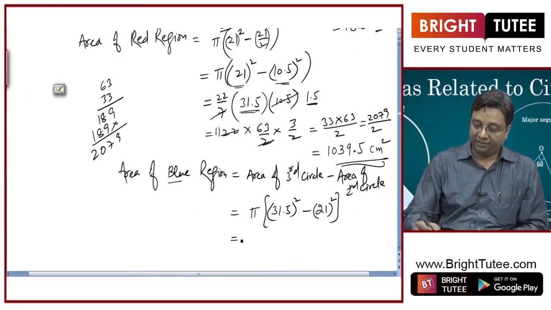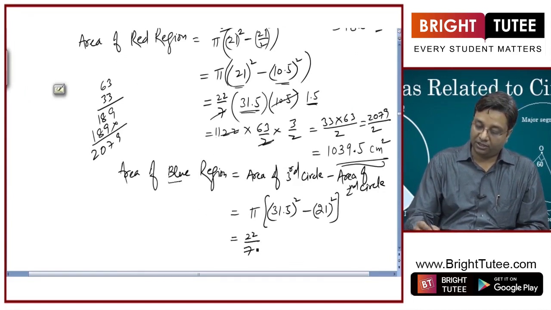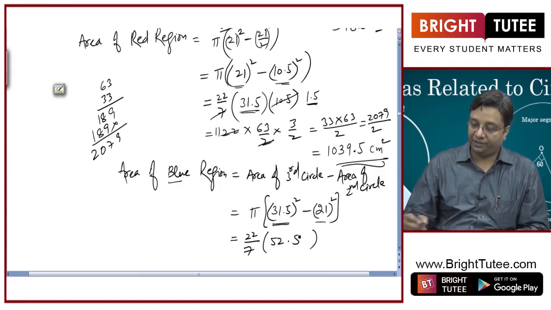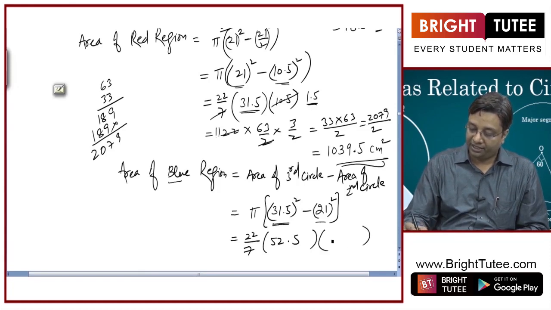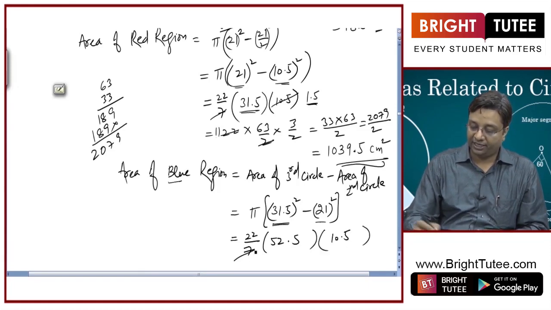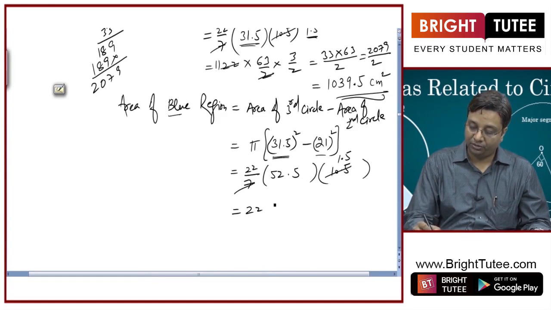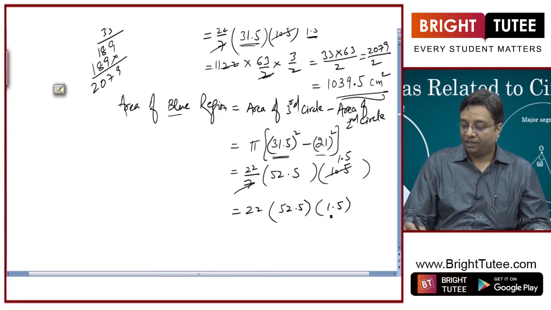Now the calculation part is left. You can do it yourself, or let me give you a hint. This is a squared minus b squared again. So you can do a plus b, which is 31.5 plus 21 is 52.5. A plus b is 52.5. What is a minus b? A minus b is 10.5. You can again cancel it, 1.5 here, and then the calculation part is left. 22 into 52.5 into 1.5. Now you can write this 1.5 as 3 by 2.